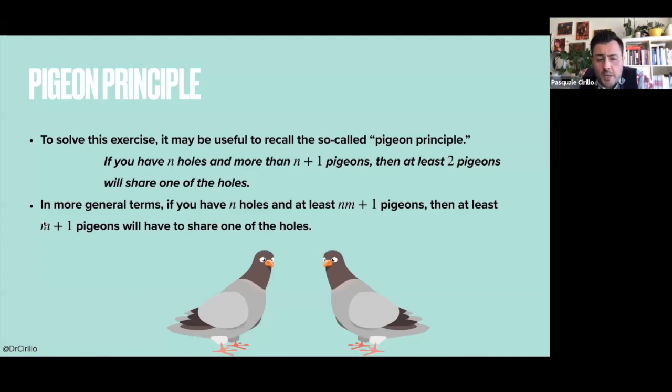If m plus 1 is equal to 3, it means that m is equal to 2. And if m is equal to 2, and I'm considering n times m plus 1 pigeons, then n times 2 plus 1 is equal to 51, so trivially n needs to be 25.